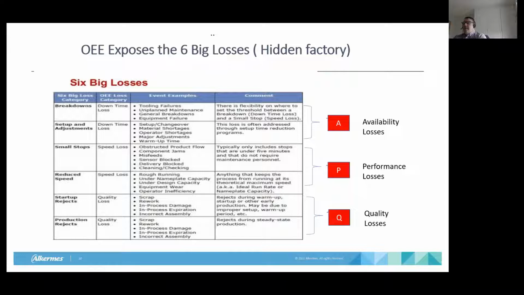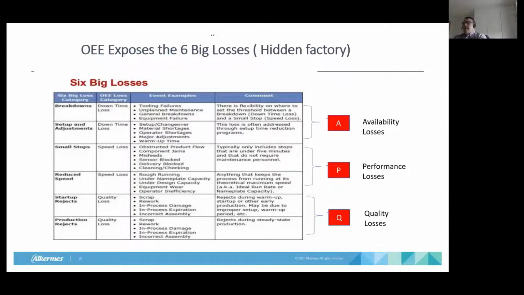And these terms I'm using on the right-hand side will be constant throughout the presentation: A, P, and Q. The performance losses are losses that occur when we're actually running the machine, and this is in terms of small stoppages, blockages, power cuts, issues that affect the smooth running of the machine. And then the other 2 losses are around rejects.